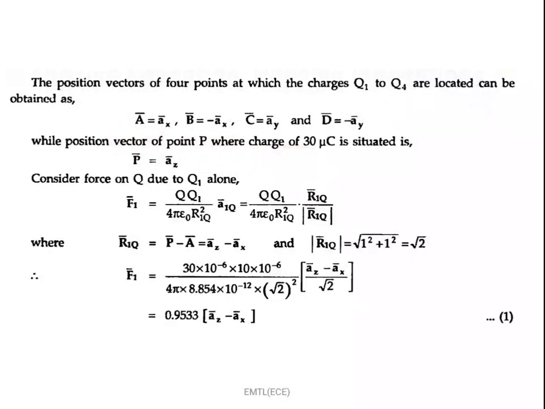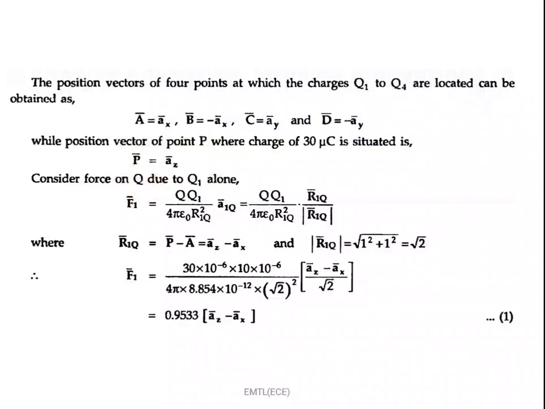That means here the position vectors are represented for Q1, Q2, Q3 and Q4, which are located, and they can be obtained by assuming A bar is equal to Ax bar, B bar is equal to minus Ax bar, C bar is equal to Ay bar, and D bar is equal to minus Ay bar. So these are the position vectors of the points, and for the point P, where the 30 microcoulomb charge is situated, the position vector is Az bar.